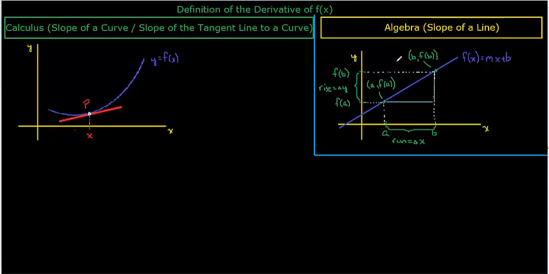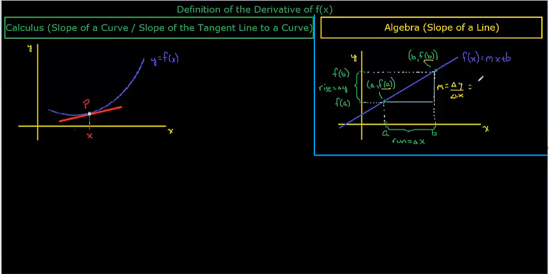Then we defined the slope of that line to be the change in y over the change in x. And the change in y is f of b minus f of a. Those are the two y values of the points on the line.